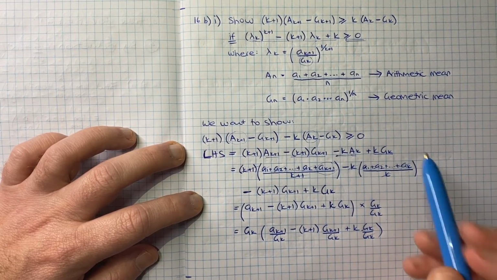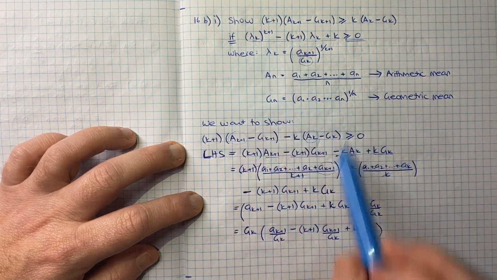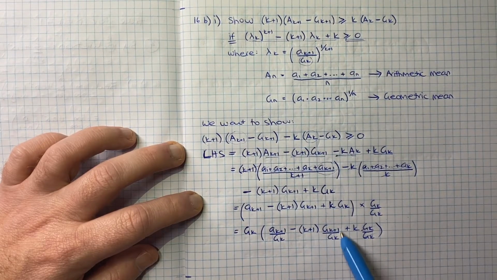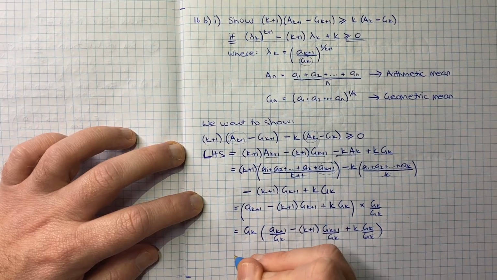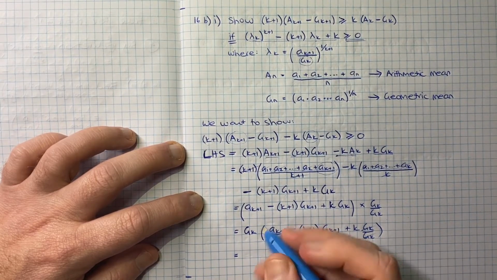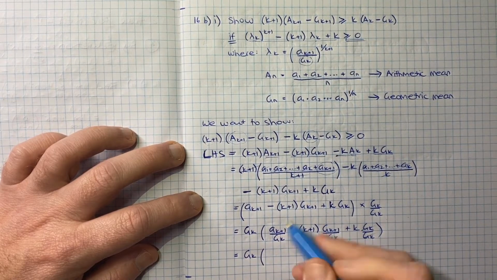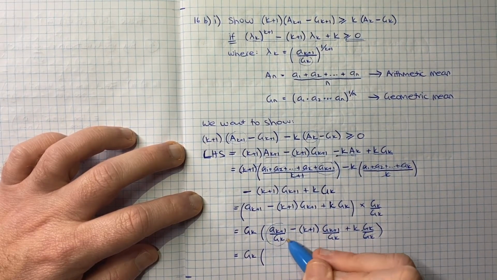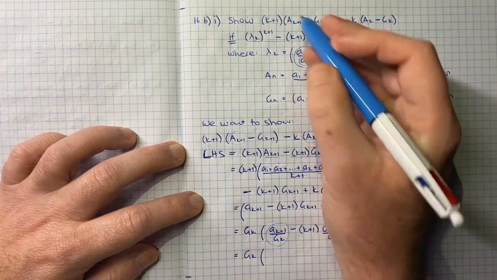So we're one step closer because we're still dealing with something minus (k+1) times something plus k now. In terms of the next little simplification we can do, we can write this as g_k times, and notice a_{k+1} on g_k is the essence of what is lambda to the k.